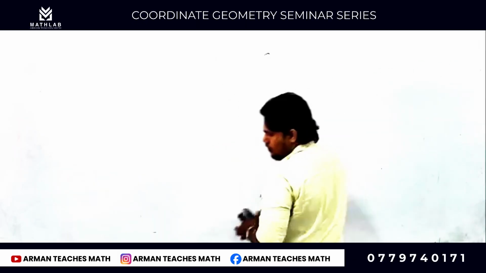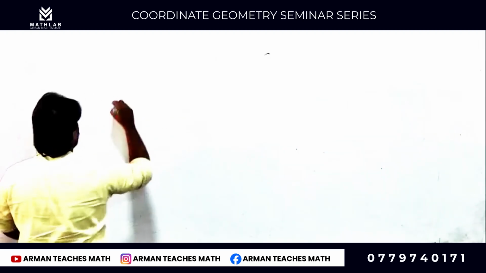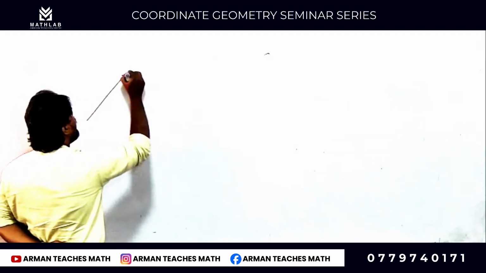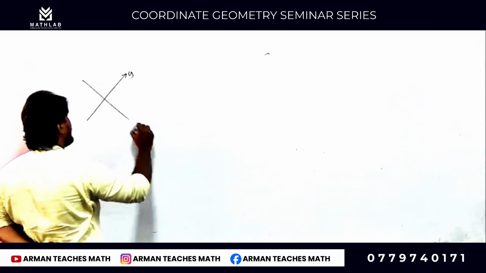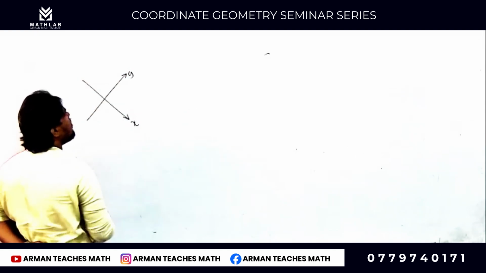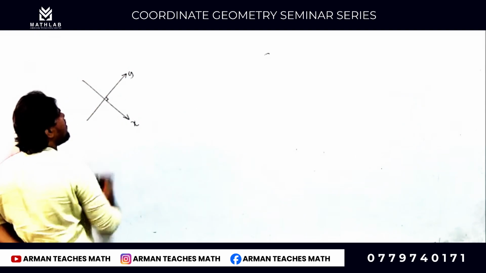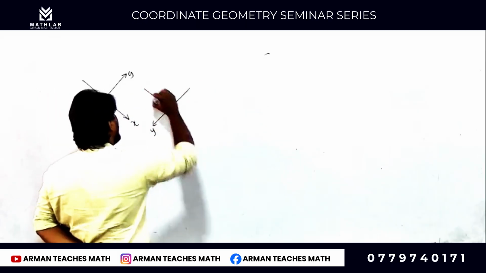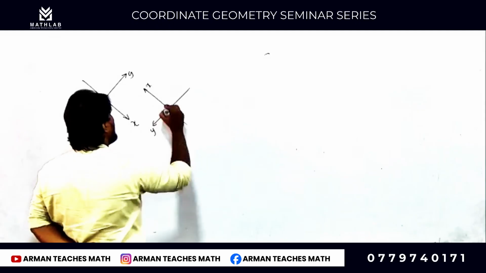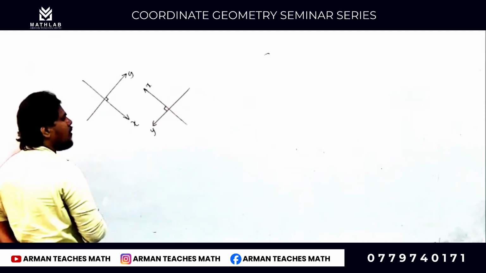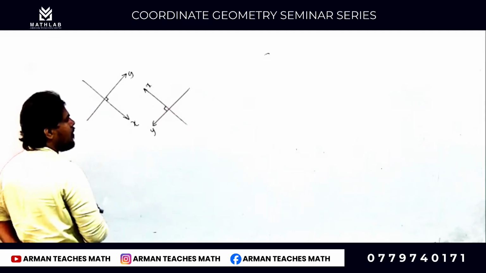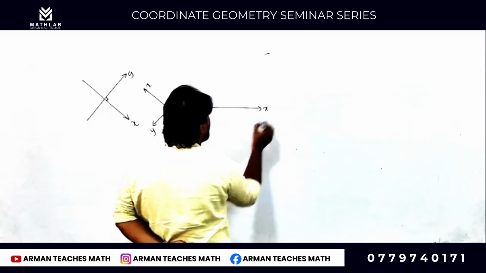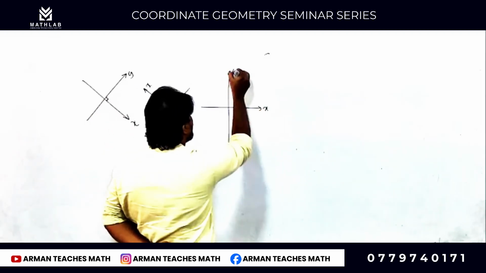We have the y-axis, and perpendicular to that, the x-axis. Or we can draw the y-axis perpendicular to the x-axis. This is also another way of representing a Cartesian plane, but the standard one is like this.